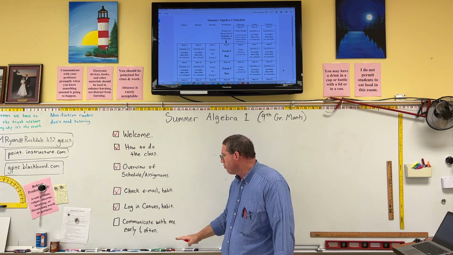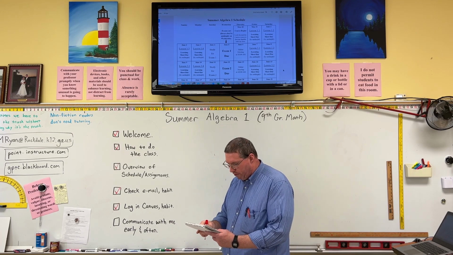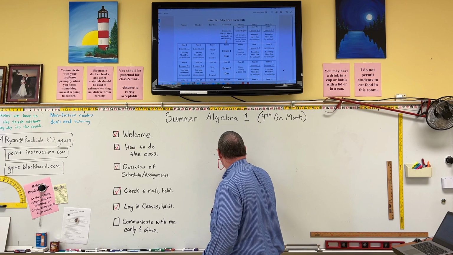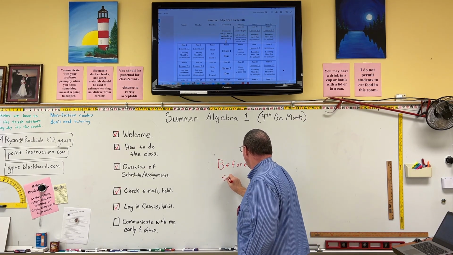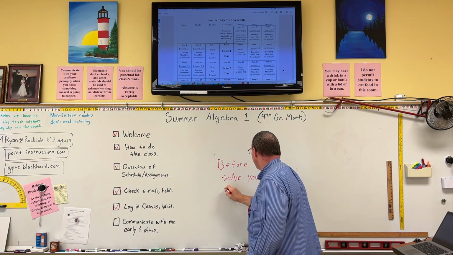You need to do that through email. So you have to communicate with me early and often. And ideally, here's the key. Before you solve your problem. Here's what I mean by before you solve your problem.